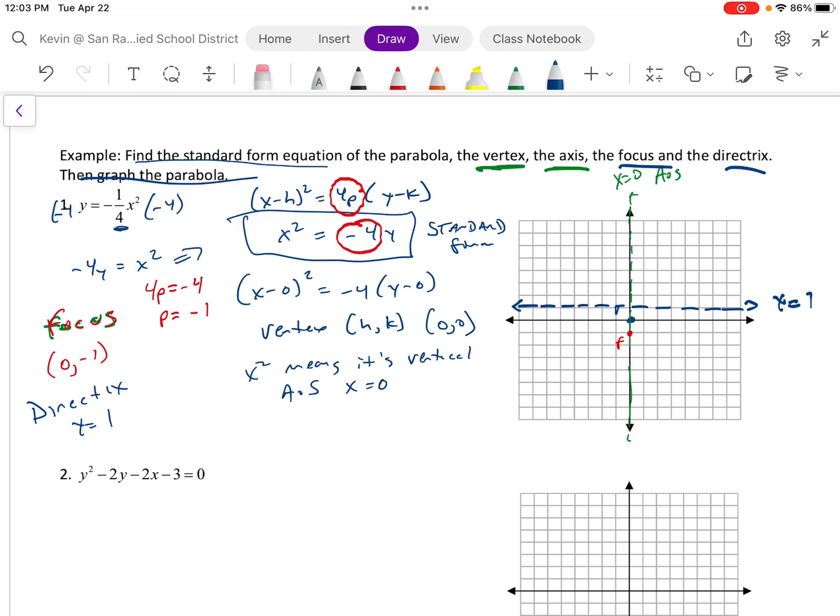Now, to get my shape, because I'm going to graph it, I'm going to remember to do that 2p. I go to the focus, and in this case, I go 2p left and right. P is 1, so I go 1, 2, and 1, 2. That helps me get the shape of my parabola.